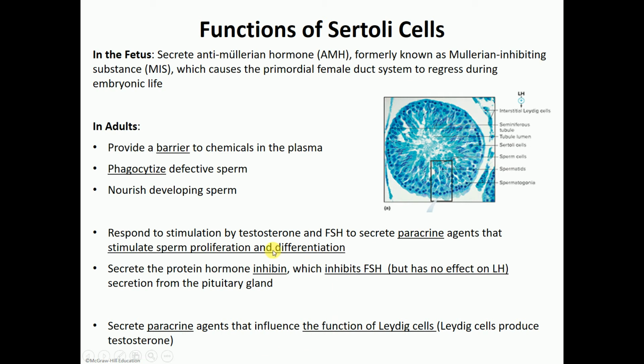Sertoli cells secrete inhibin, which by negative feedback will inhibit the anterior pituitary from making too much FSH. It secretes paracrine agents that influence the function of Leydig cells, and Leydig cells are the cells that produce testosterone. Leydig cells are also stimulated by LH to produce testosterone.